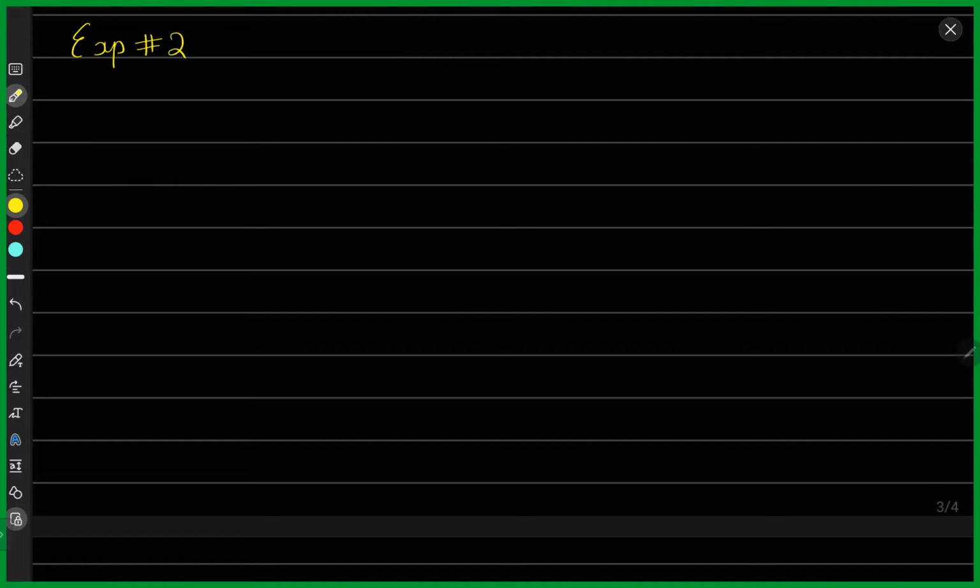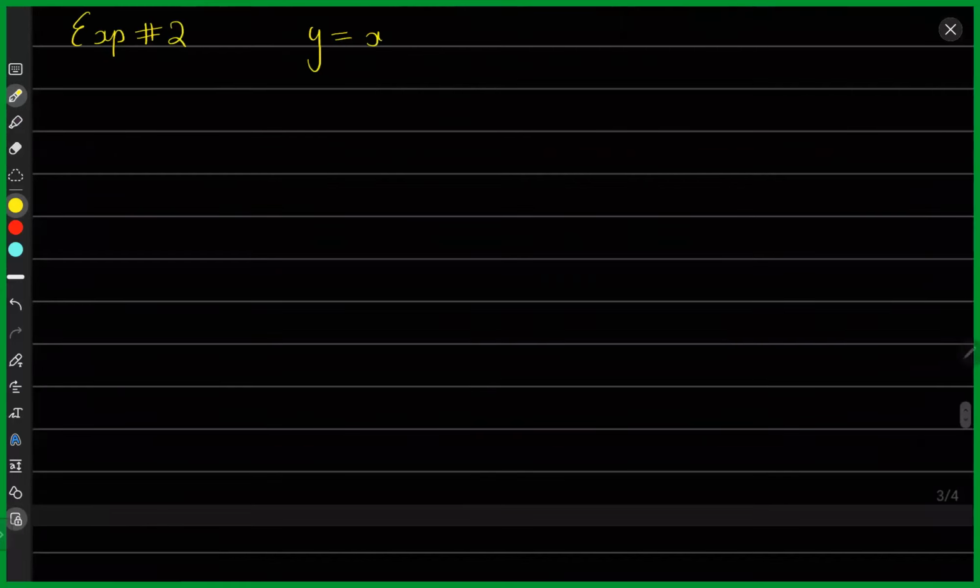Example number 2. Now imagine we have y equals x squared minus 2x plus 1. This is equation 1.